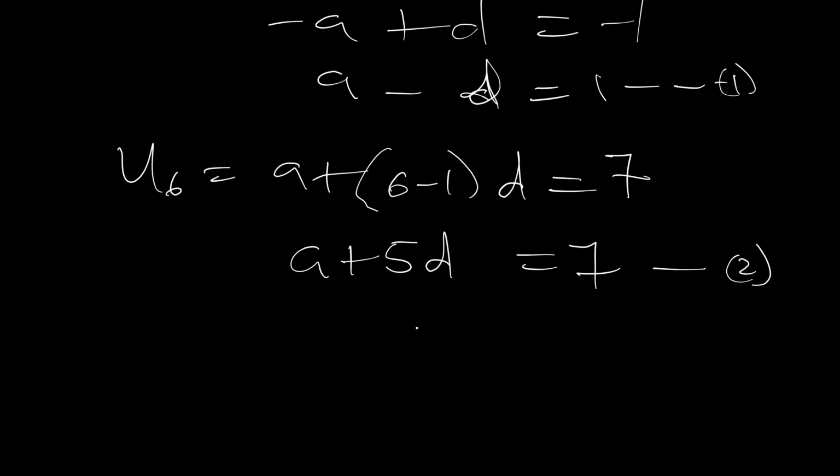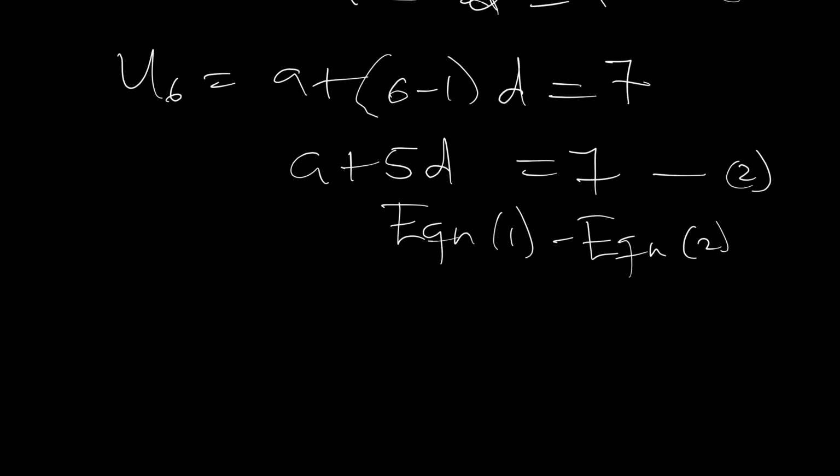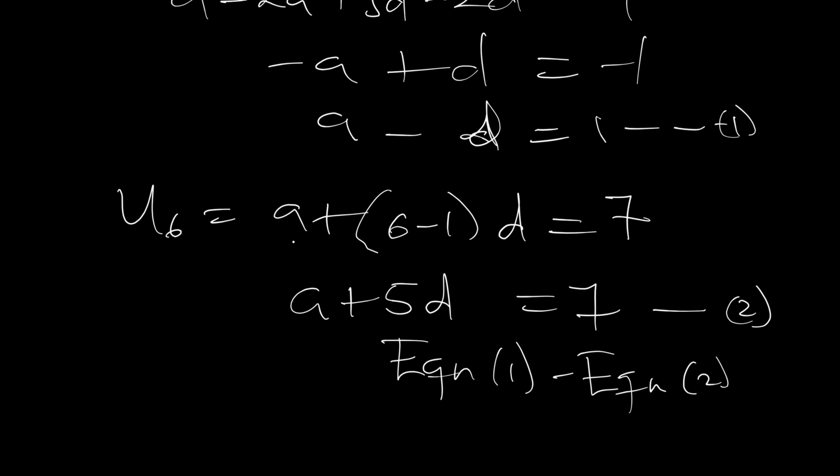So we are subtracting equation 2 from equation 1. And when we do that, a - a is 0, then -d - 5d is -6d, which will be equal to 1 - 7, which is -6.